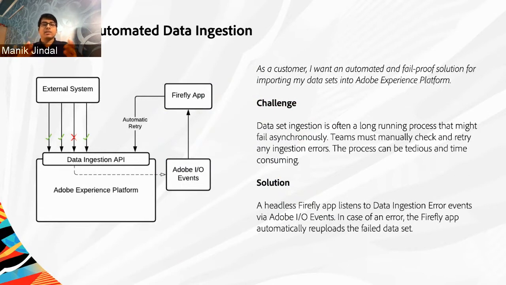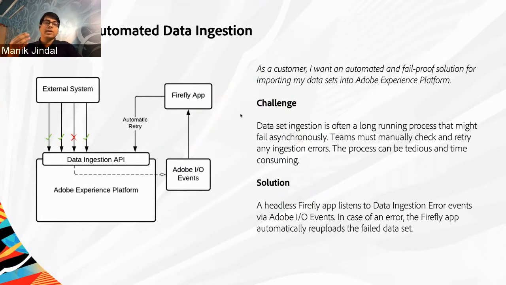The team at our customer wanted an automated way of at least retrying the data set, and fixing some common errors. So they created a Firefly application that listens to events coming from Adobe I/O Events, which say which data set ingestion failed.